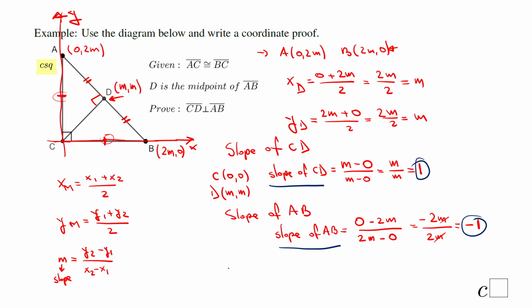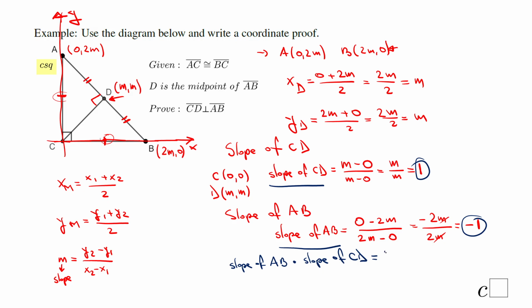Because of these two, the product, you may want to do it like that: slope of AB times the slope of CD. I didn't use the letter m as I usually do, because we have so many m's.